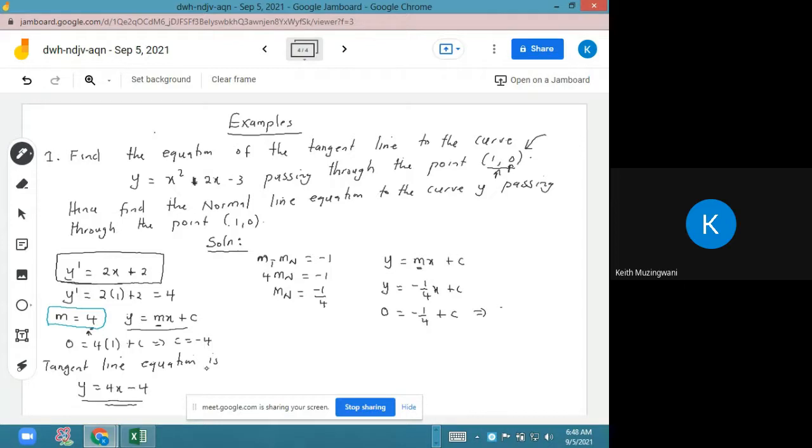This means that c is going to be +1/4. And so the normal line equation is y is equal to -1/4 x plus 1 over 4. So we have answered the question fully.